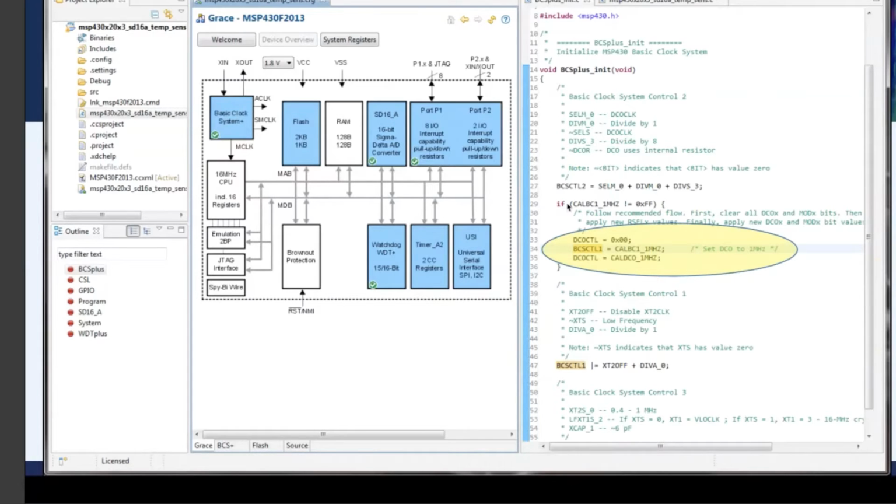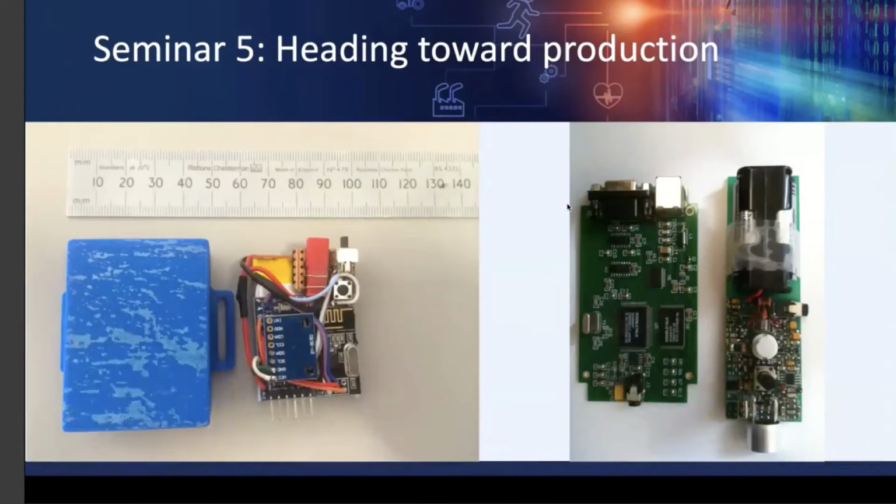So once we've got our code written for our particular process, we might want to go away from what we have here. This is the one I like, even though Savash is not responsible for this particular design. I like to refer to it as Savash's sticky tape prototyping. We can see that this is actually made up of off-the-shelf boards. This is what we expect you guys to be doing at the moment.